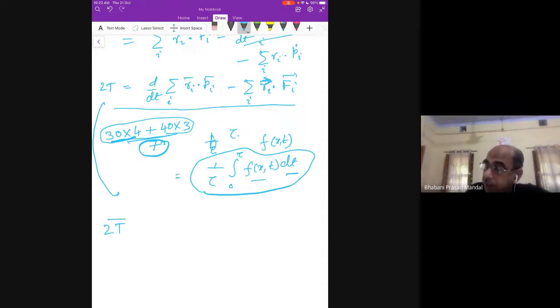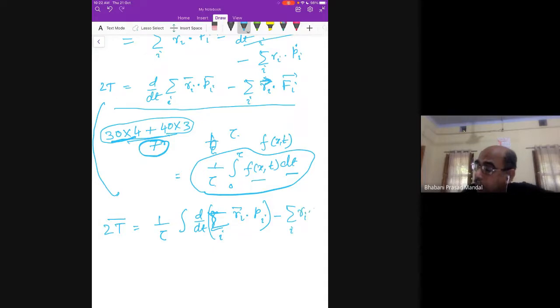On the right hand side, this term is a total derivative, so I can integrate: 1 over tau, integral from 0 to tau of d/dt of sum over i of ri vector dot pi, and then minus sum over i of ri dot fi.